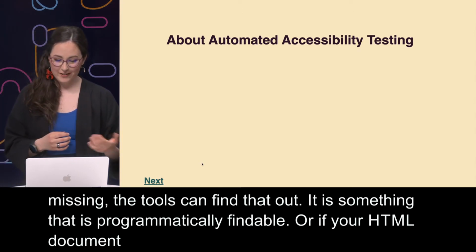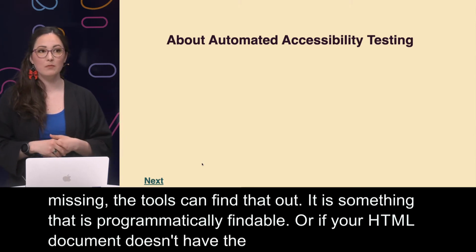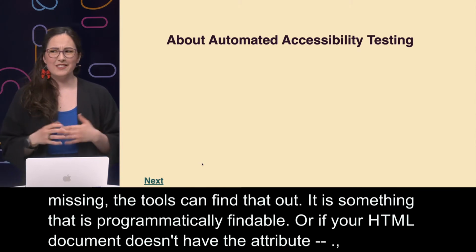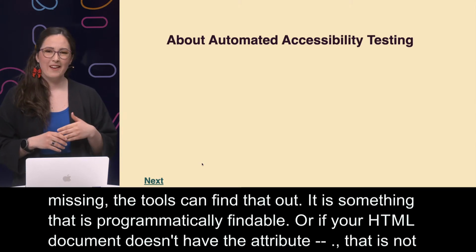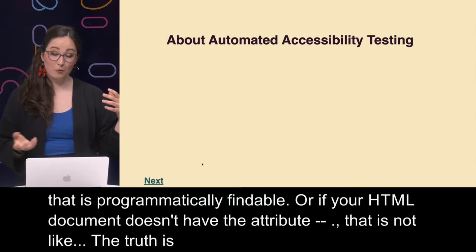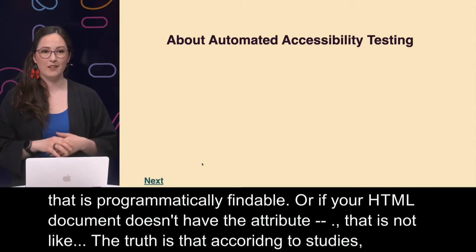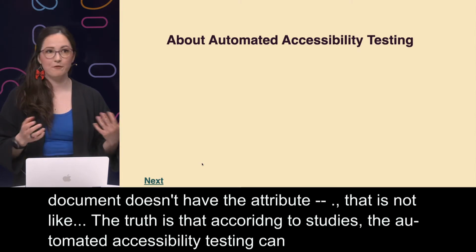these things are easy to find for those kinds of programs, but the truth is that studies have found that, depending on the study, these automated testing tools can find only from 15 to 40 or 50 percent of those failures.